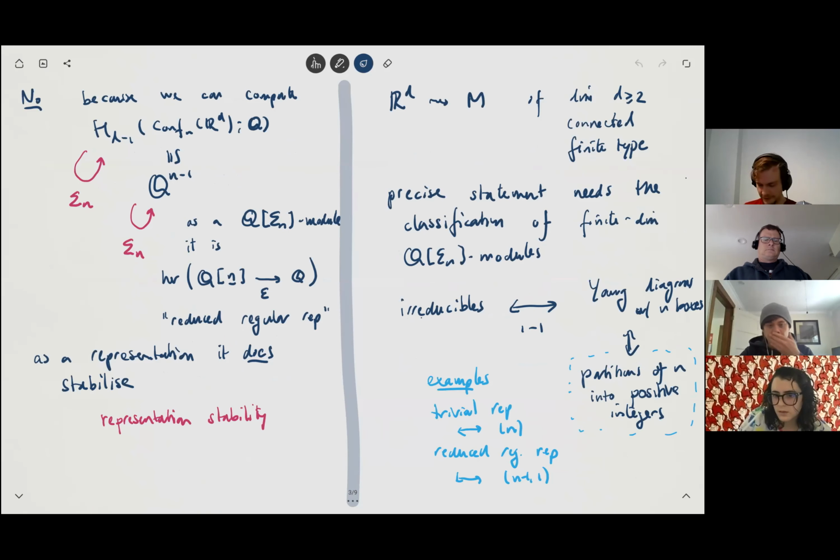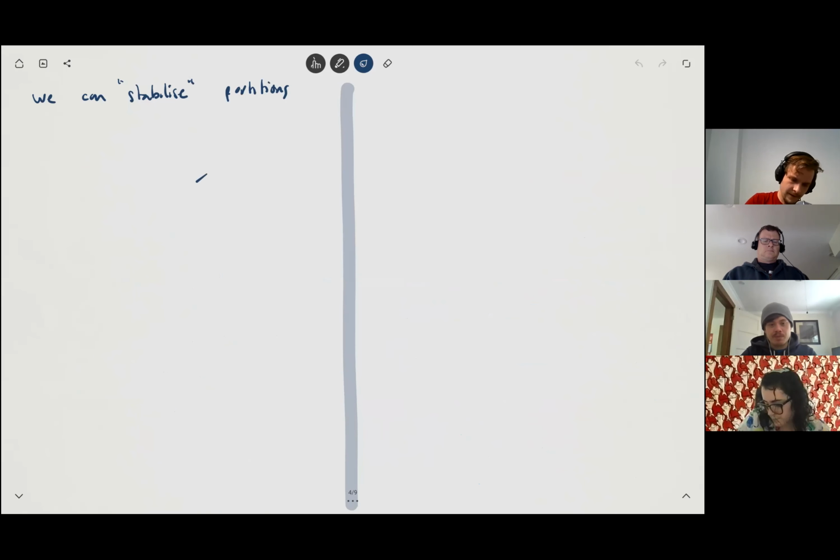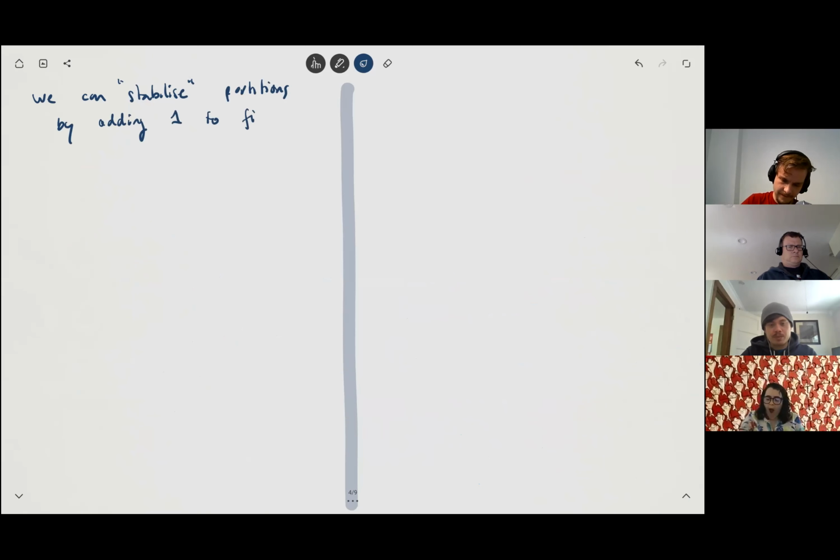And they will always be ordered so that the first one is the largest. And so you can stabilize these by adding 1 to the first entry. It's possible that some entries are the same, so there could be multiple largest ones.